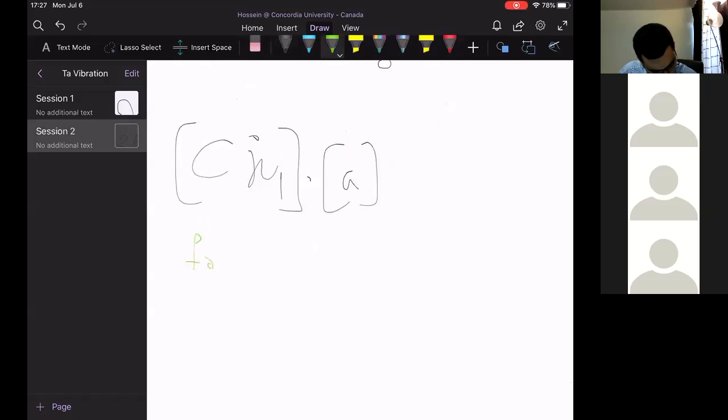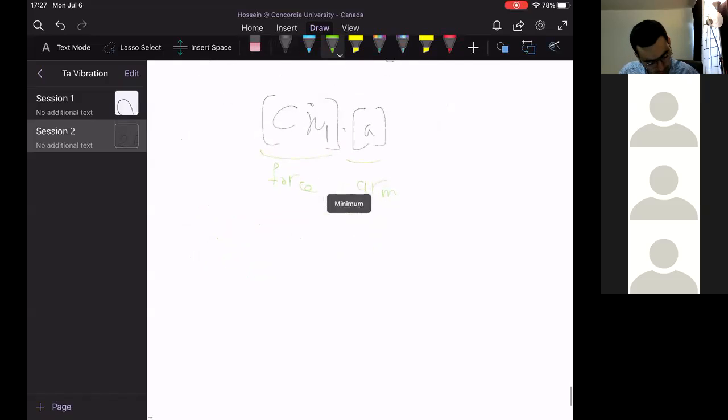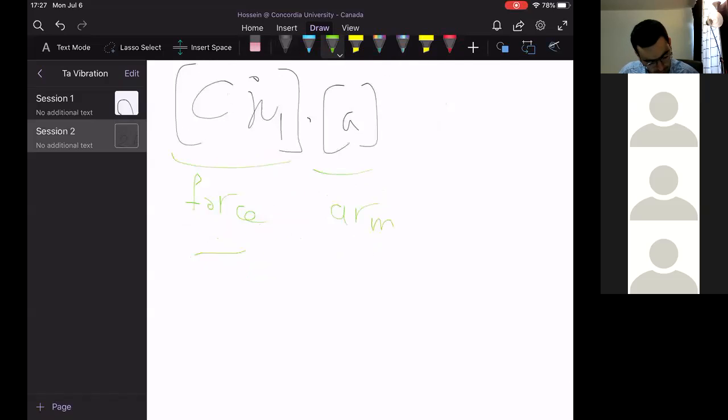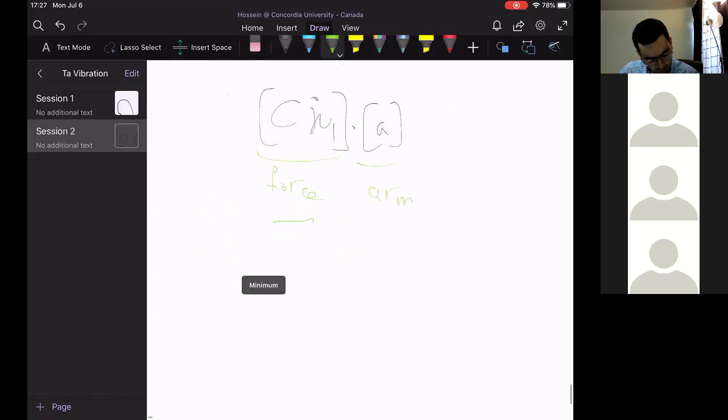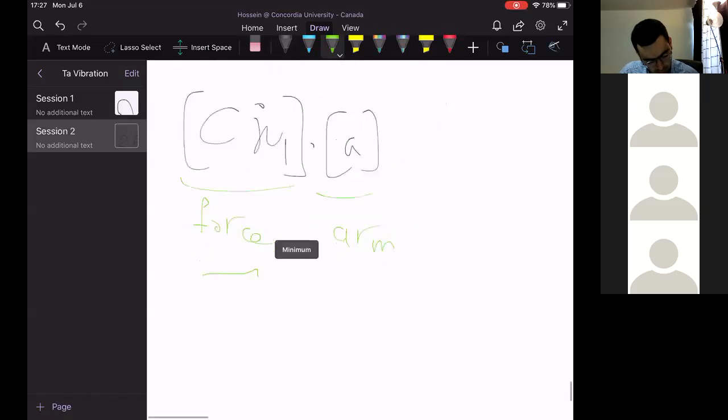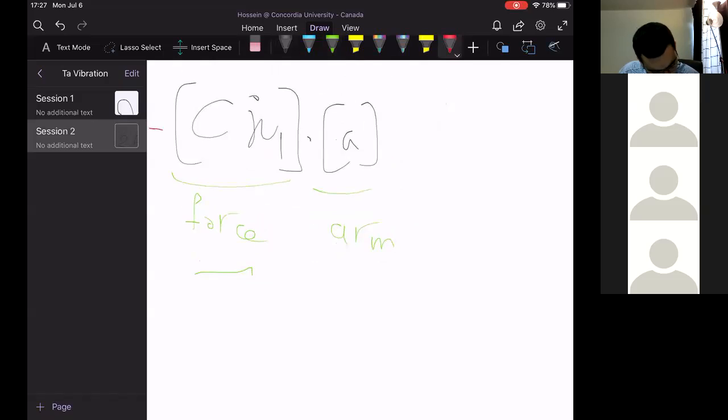This is the damping force, and this is the arm, right? Since this creates a clockwise moment, you have to write a negative sign here.